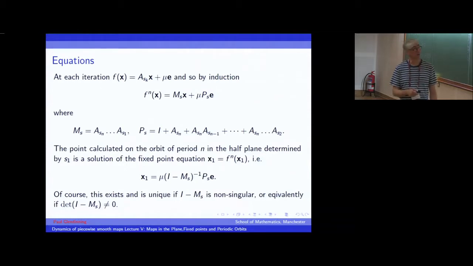The smart thing is to be able to say which side of the border, the switching surface, you are on at each stage, and so you get a whole set of consistency conditions to say whether this actually exists for the border collision normal form. Because this just says, I'll put together some sequence of s's, some choices of being on the left, being on the right, being on the left.